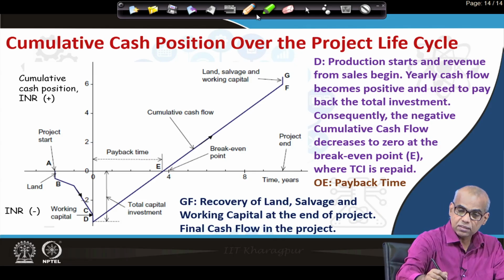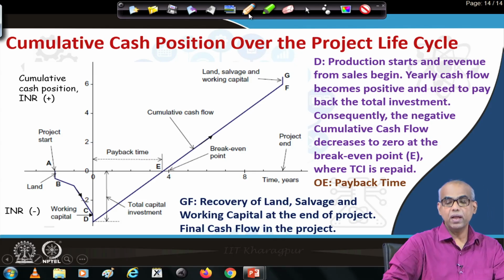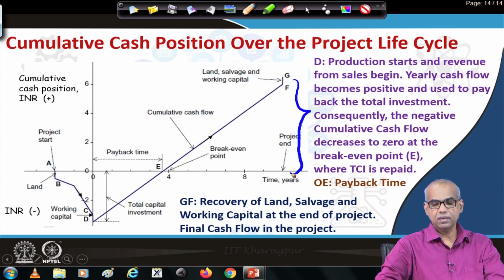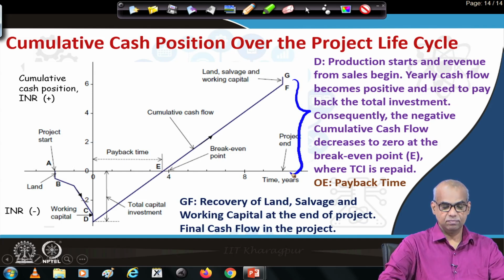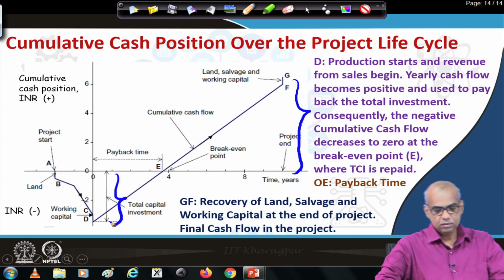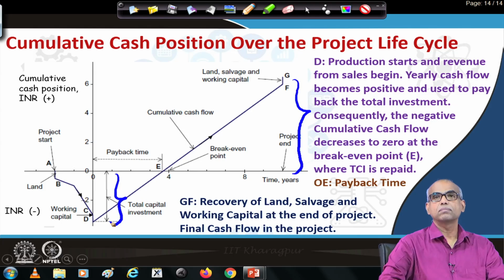So, what is the profit that you made? You made the profit represented by this. And what was your investment? This was your total capital investment.